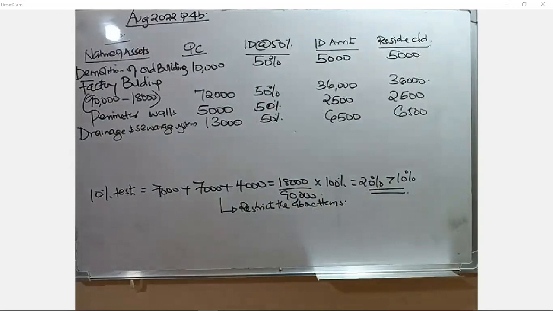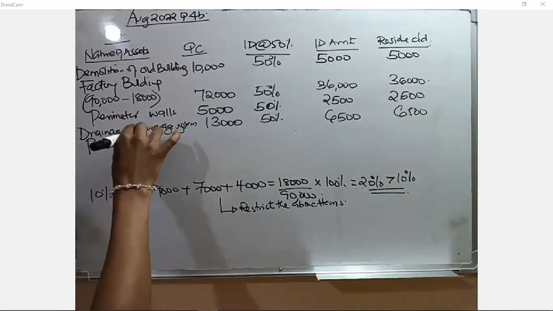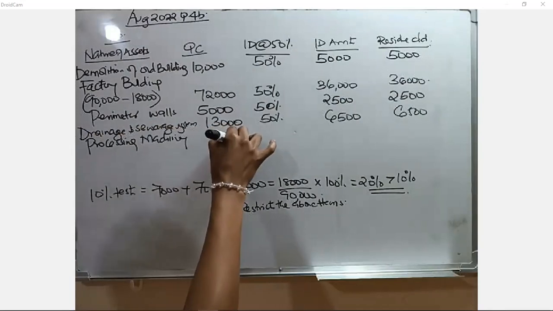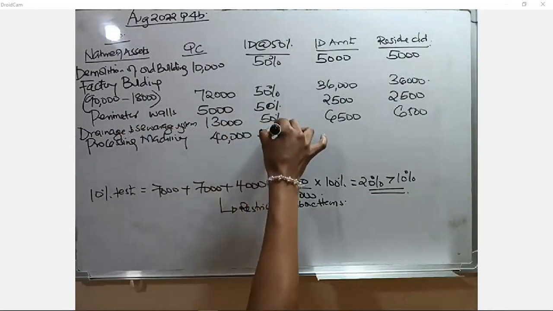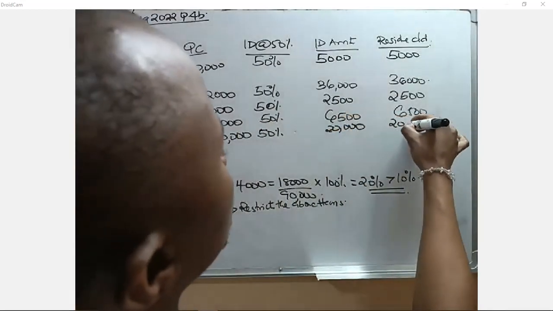I've been told in note number 3 that Pactim Limited purchased and installed processing machinery in the factory at a cost of 40 million. So we have processing machinery, which is 40,000. 50%, we have 20,000 here.